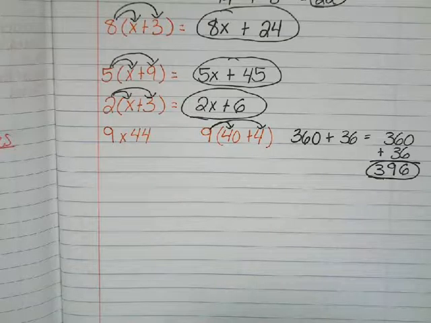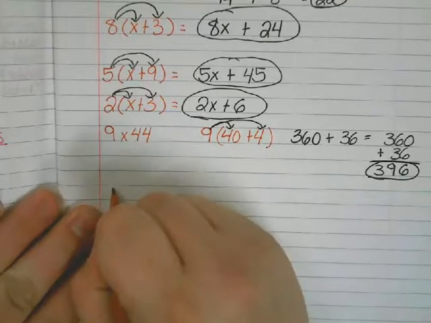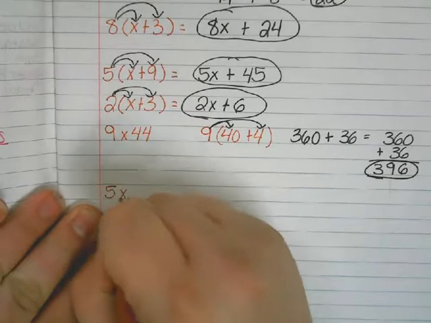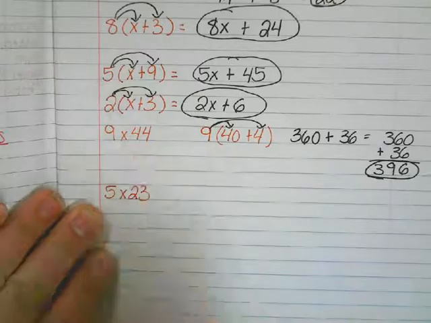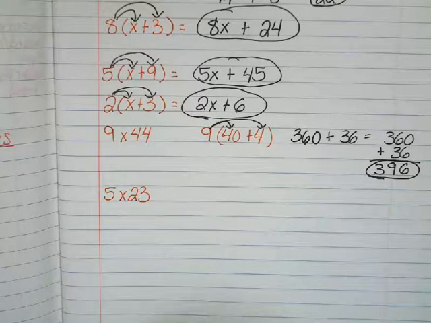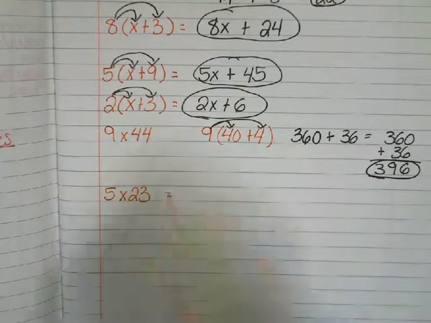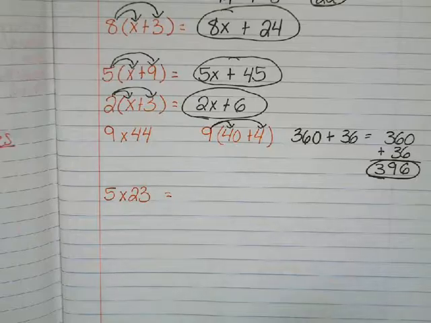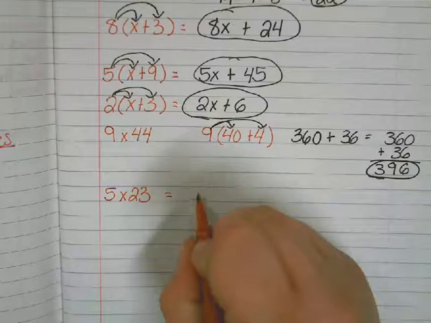Alright, let's try another one. 5 times 23. So what am I going to break 23 down to make it easier to work with? 20 and 3, good. So what number stays on the outside of my parentheses? 5.